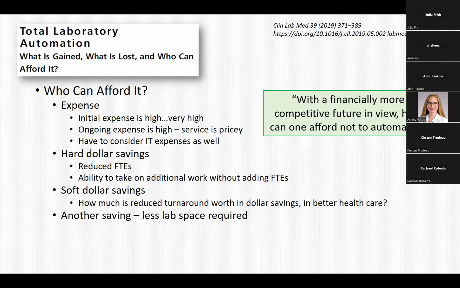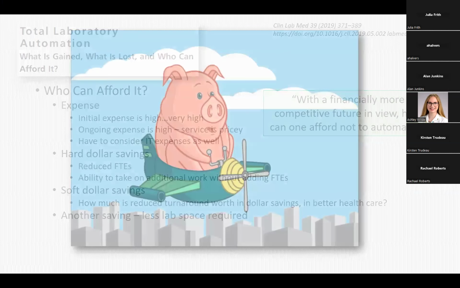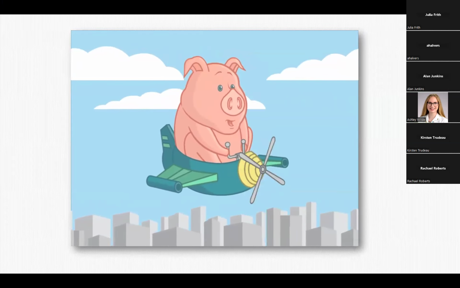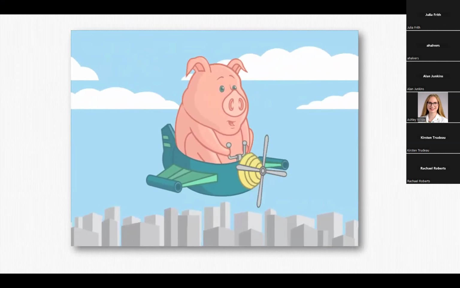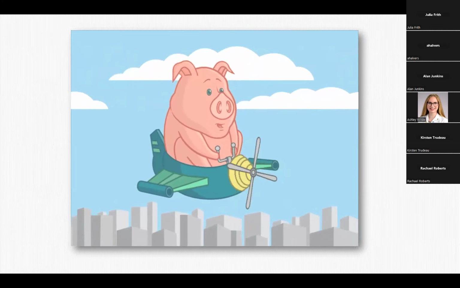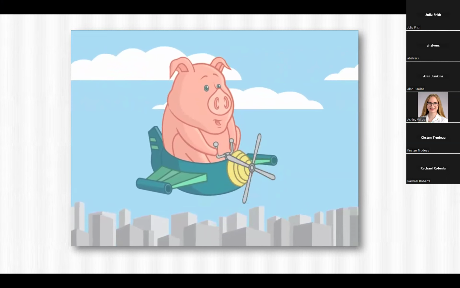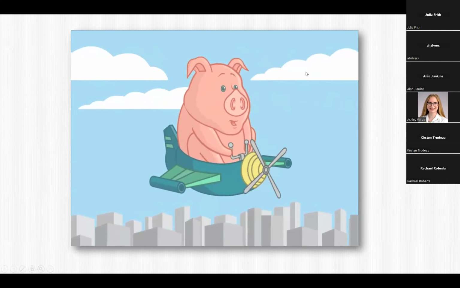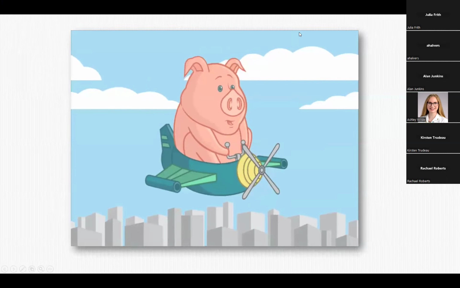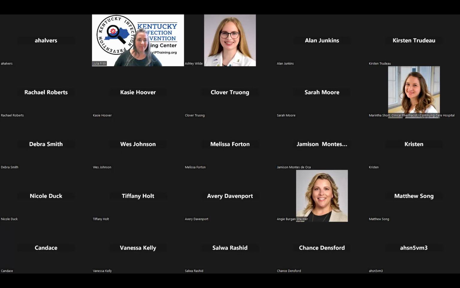It's been farmed out to a larger facility. So after all these years of saying no, automation is never going to come to micro, pigs are actually flying when this comes. So that is all I have for you guys.